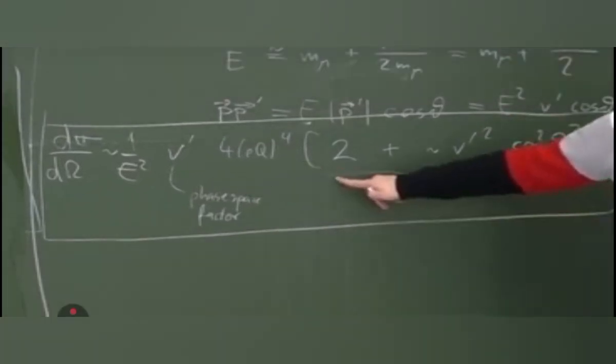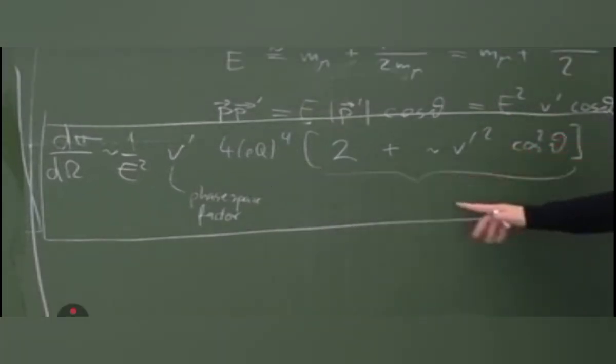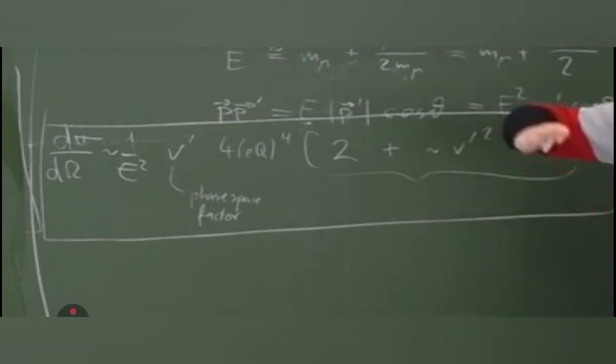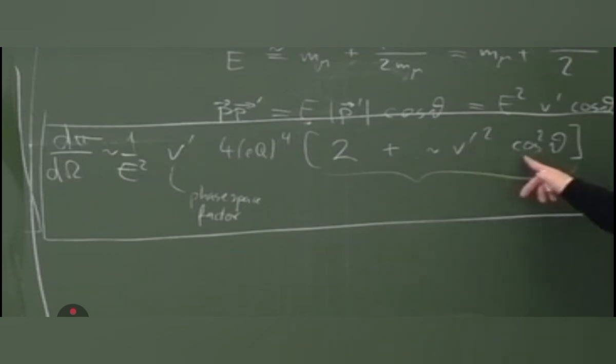The velocity is very small, so to a very good approximation, the square bracket is simply 2. 2 means independent of the angle. So now we have an isotropic production of mu plus mu minus. The angle doesn't matter to a very good approximation because the velocity terms are suppressed and only the velocity dependent terms depend on the angle.